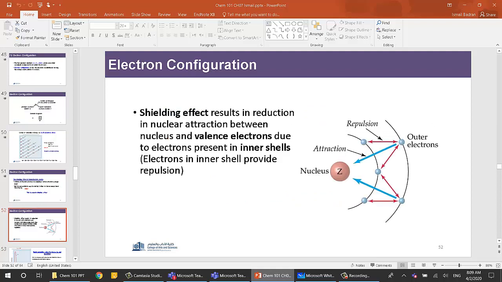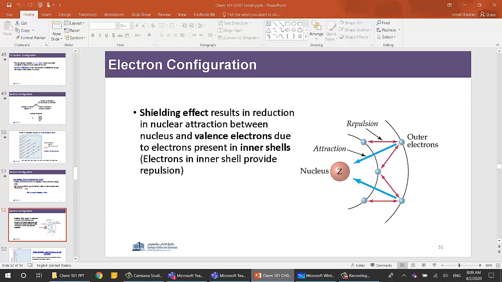For shielding, basically you have a nucleus, and this nucleus is surrounded by electrons in different shells. So you have electrons in the first row, let's say, and electrons in the second row and third row and so on. It's like a party, and there's a singer who is in the middle, and there are people close to him or her, and there are other people further below. Now these people, or these electrons, in the outer shell actually cannot see the singer.